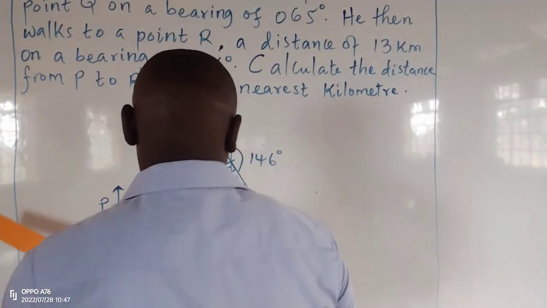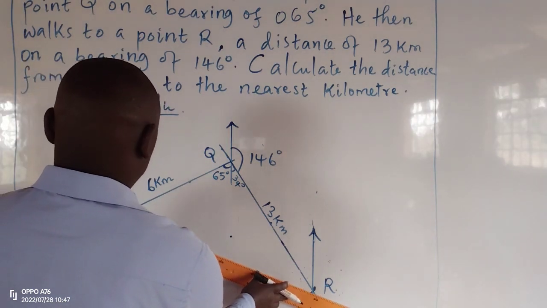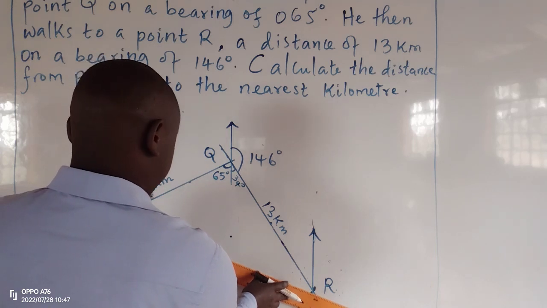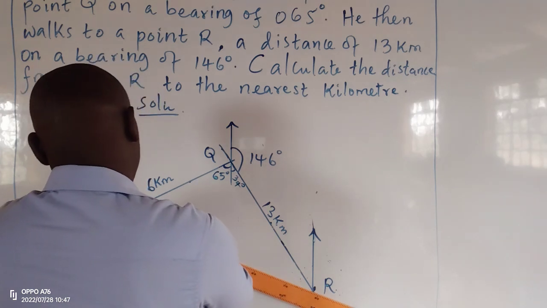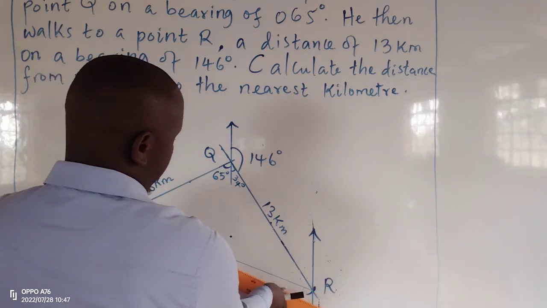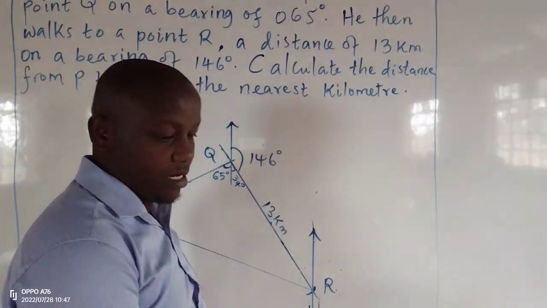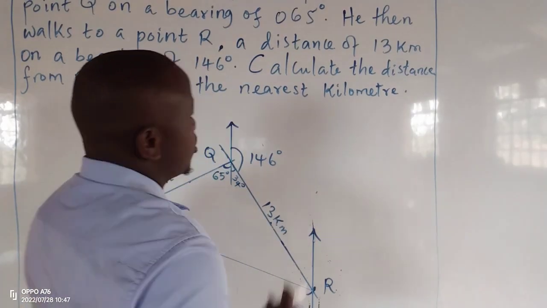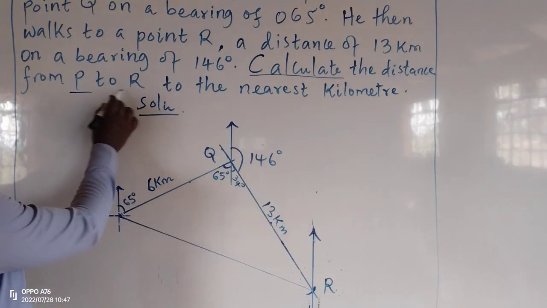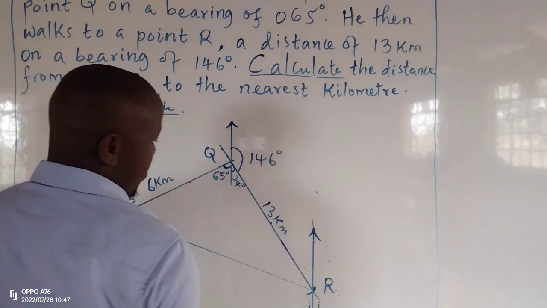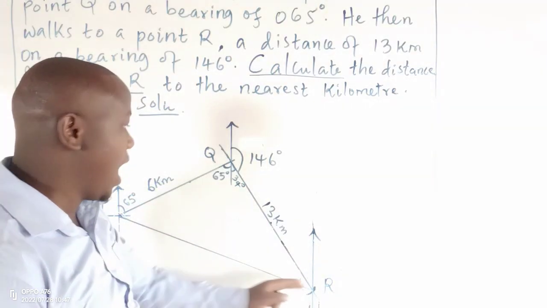Let me connect the 3 points so that we may have the line connecting P and R. Remember, our question is to calculate the distance P to R. From P to R, we have to calculate that distance, and remember P to Q is given and Q to R is given.